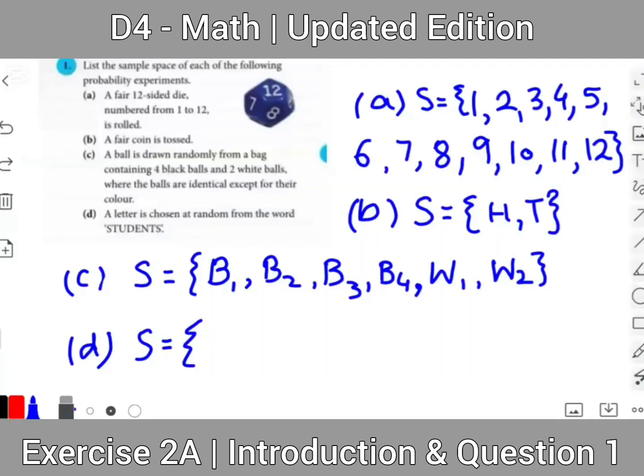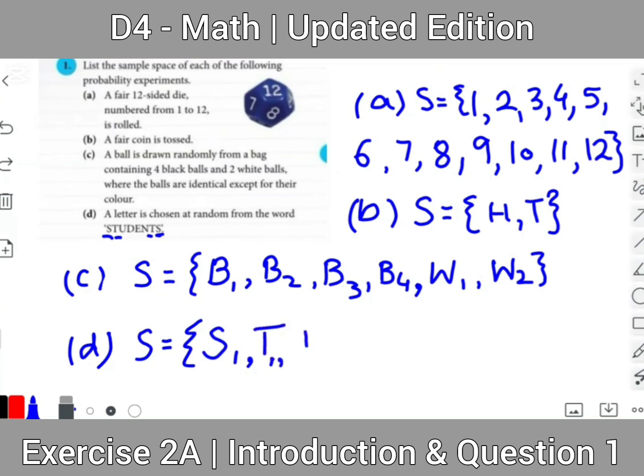Now in part D, we have to choose a letter at random from the word students. Since we can see that in the word students, we have two S and two T. So we will call the first S S1 and the first T T1.